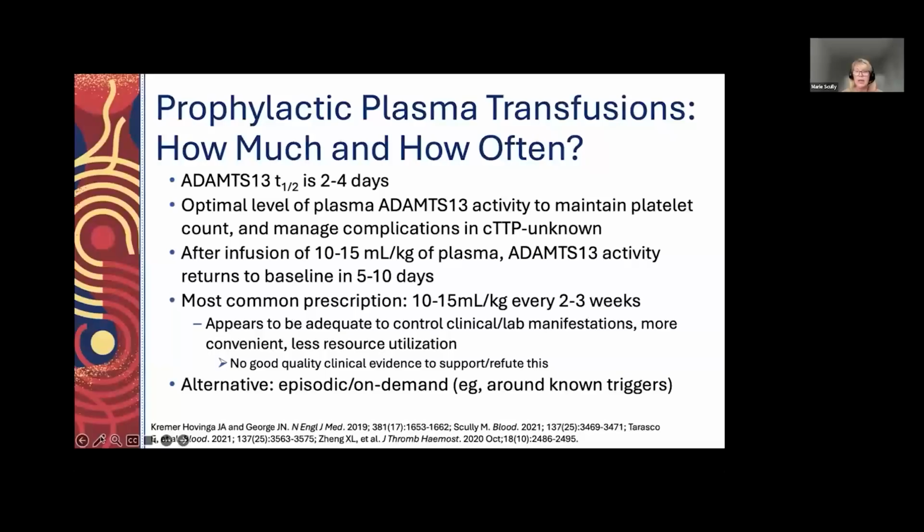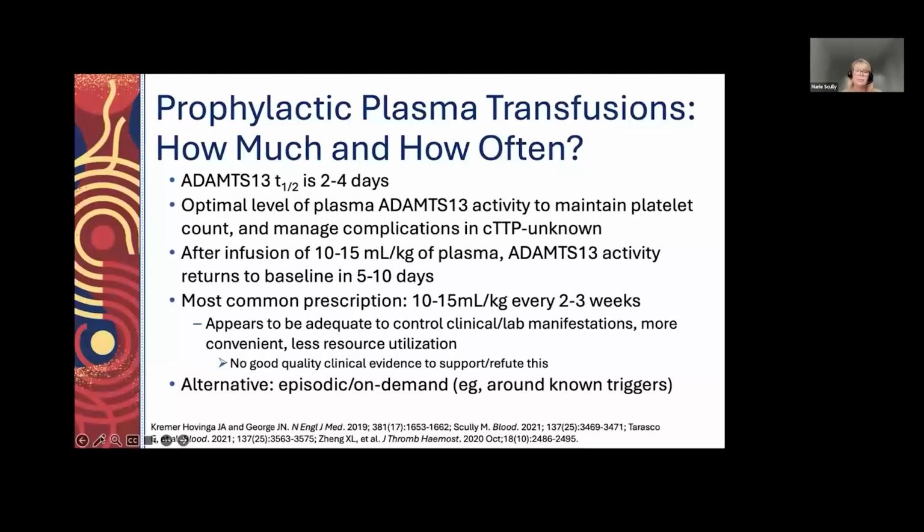When giving patients FFP, the mantra is between 10 to 15 mils per kilo of plasma. Personally, I think 10 mils per kilo is enough. 15 mils per kilo could certainly aggravate fluid overload. But either way, the ADAMTS13 activity level, which does not normalise, returns to the baseline within 5 to 10 days.